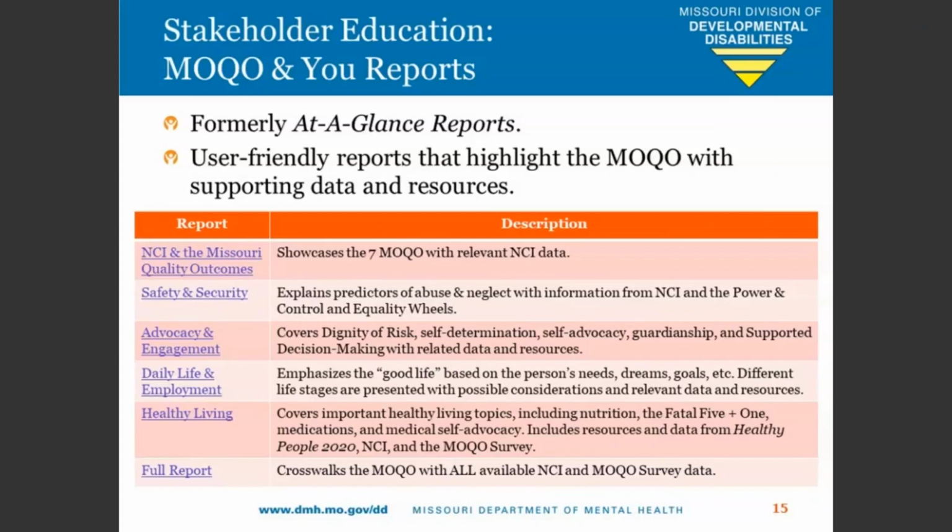And one thing that I did not mention is that here we have listed the Missouri Quality Outcomes Survey. That survey is separate from NCI. It is a survey that we send out to individuals receiving support coordination only.